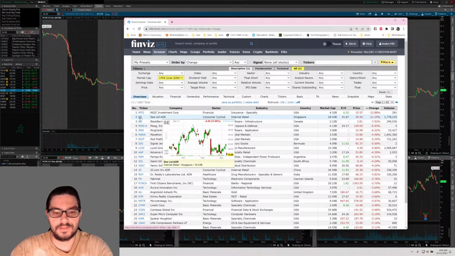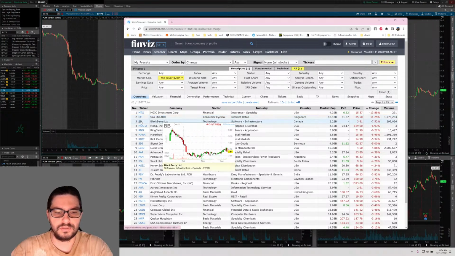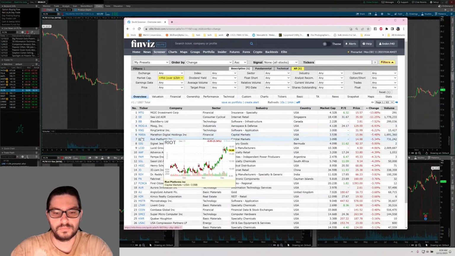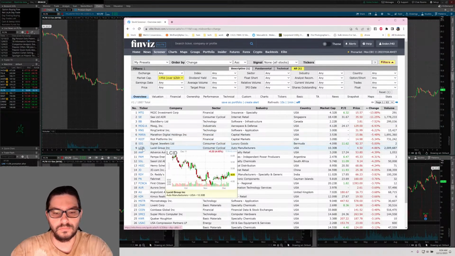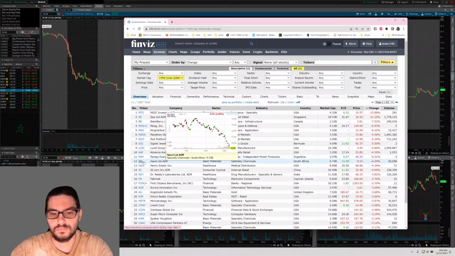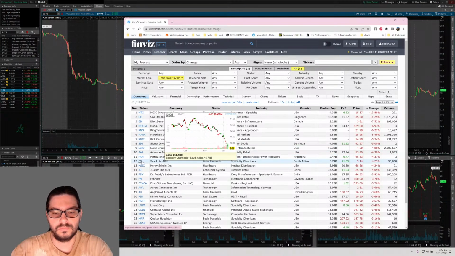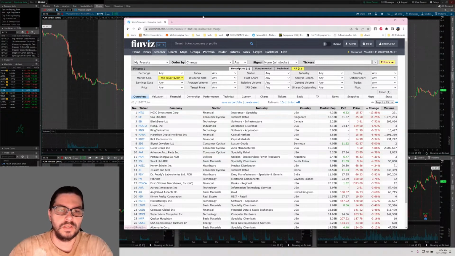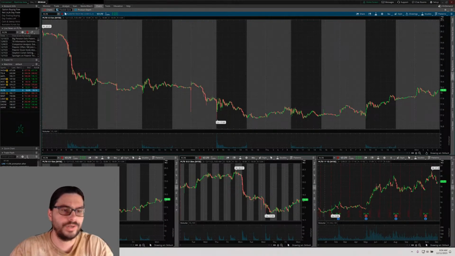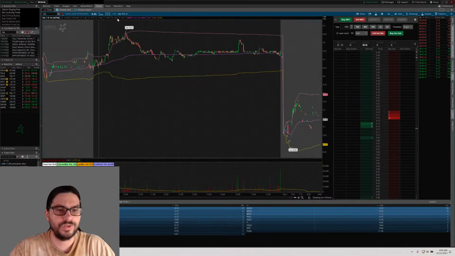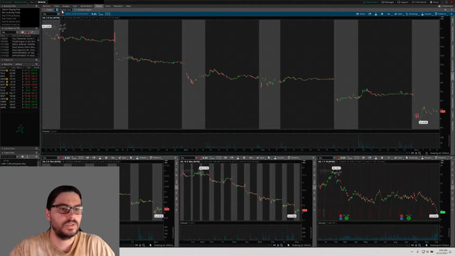That's down near resistance. Oh, damn, that really dropped there. SSL, curious. Could we short that? Yeah, we could have.